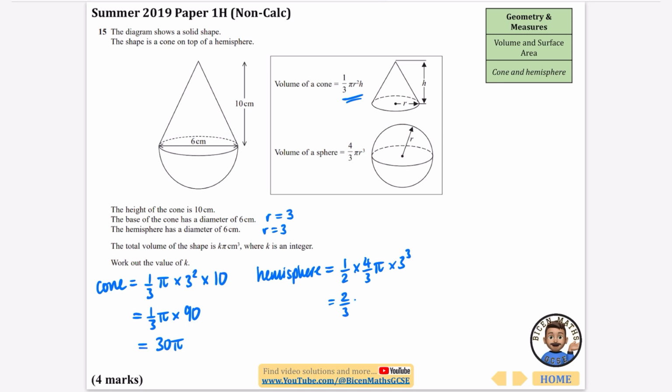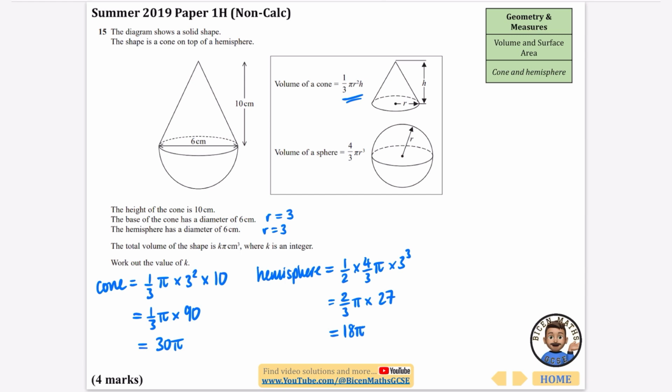So I have 2/3 pi multiplied by 3 cubed. Well, 3 cubed is 3 times 3 times 3, which is 27. So what I need to do now is find 2/3 of 27. Well, 1/3 of 27 is 9, and times that by 2, and I get 18. So it is 18 pi.